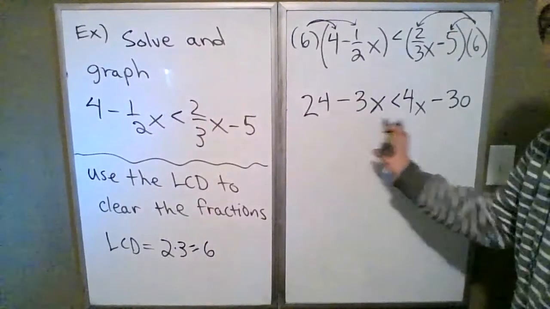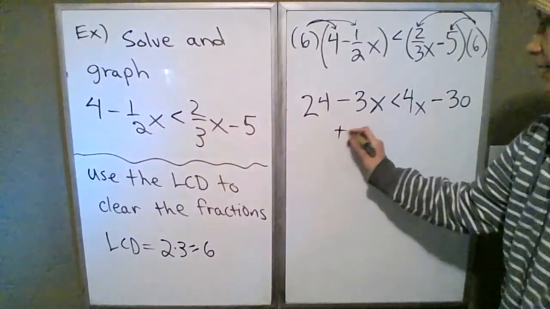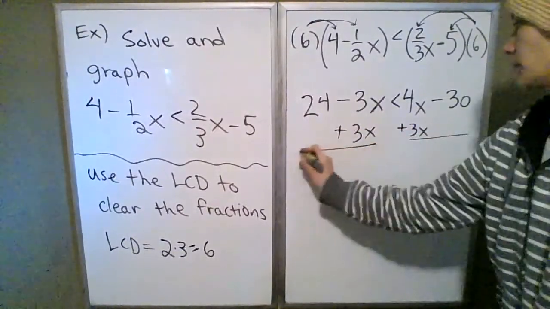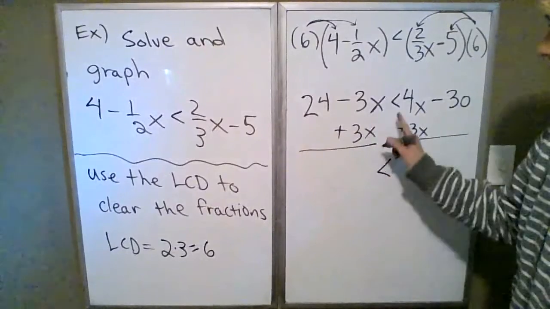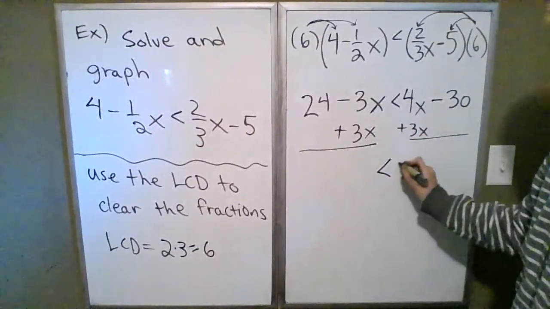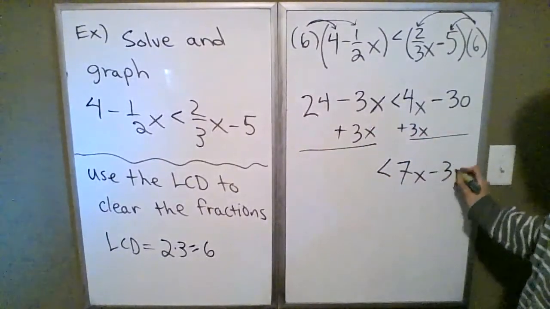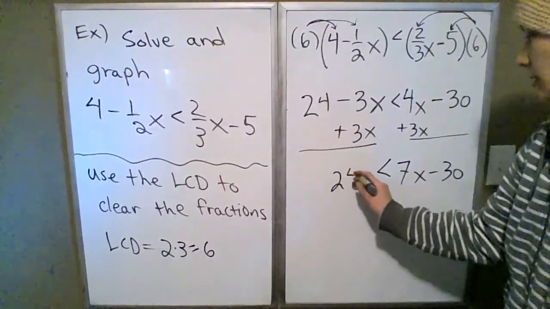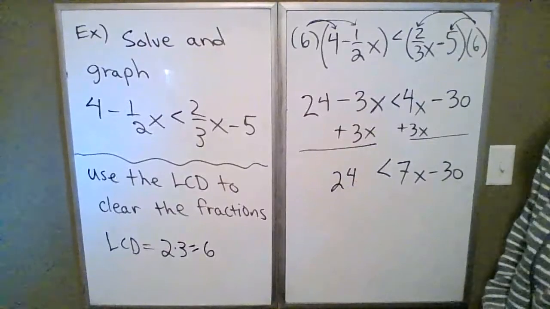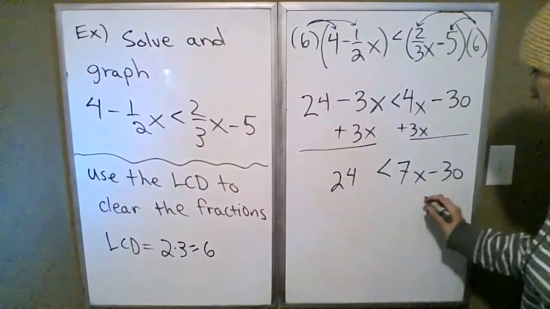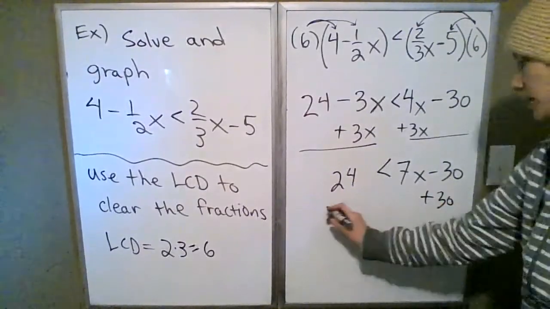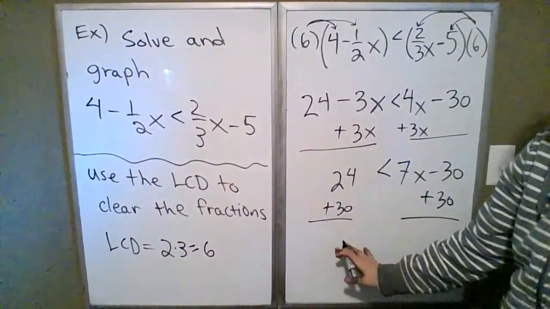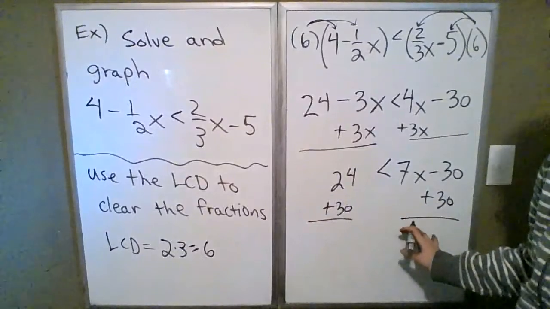Okay, let's get these x values together by adding 3x to each side. Copy this symbol down. And this would be 7x. Over here is just 24. Cool. After that, I would add 30 to each side. So we've got 54 less than 7x.